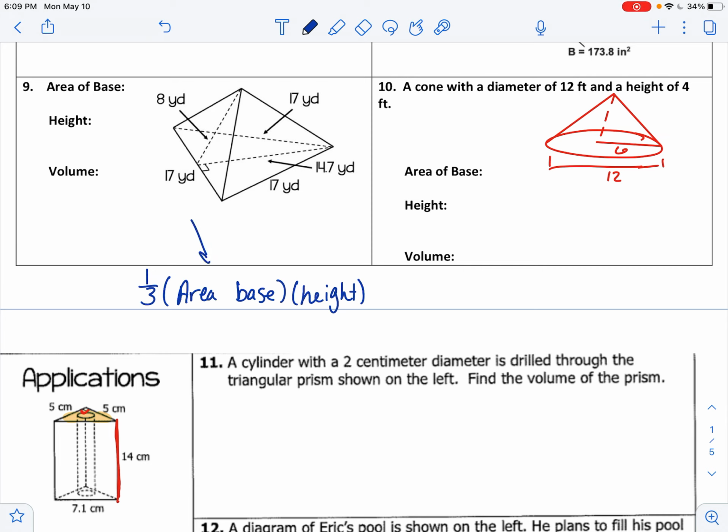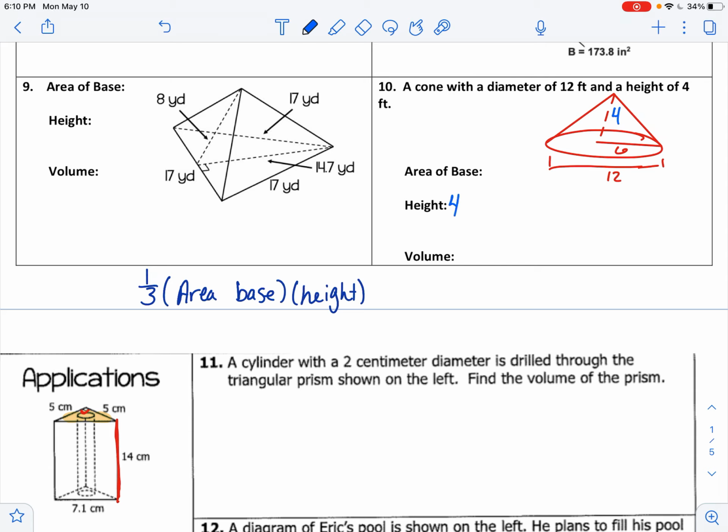The base of a cone is always going to be a circle. And this problem says that it has a diameter of 12 and a height of 4. So our diameter is 12, which means our radius is 6. And they said our height was 4.